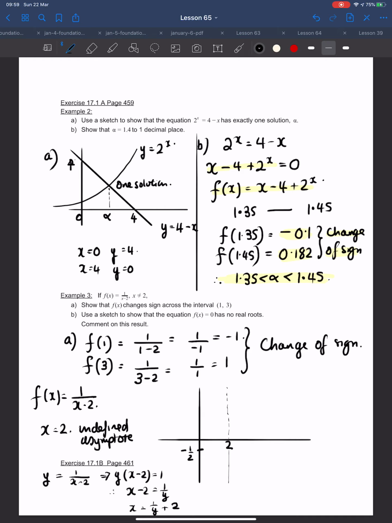The 1 over y there, we can't divide by 0, so that means there's a problem when y equals 0, so the horizontal asymptote is along y equals 0.